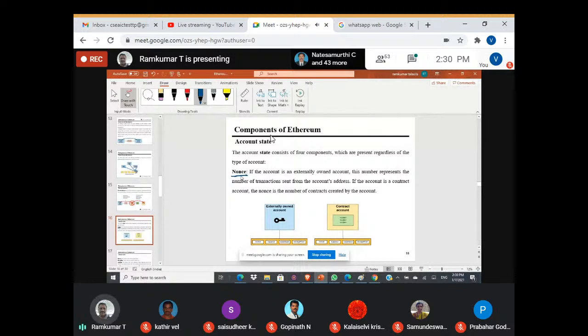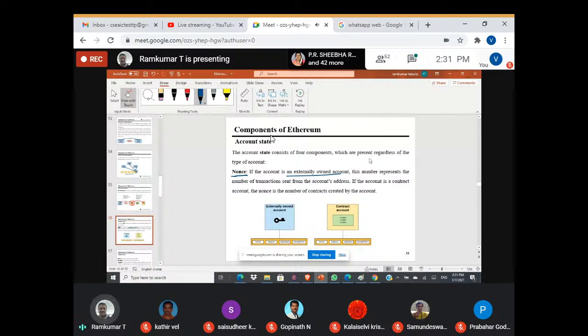So that one nonce we call a random number, and the second nonce is this one, which is what we call the number of transactions: how many transactions have happened is handled by the nonce in the account state. We know that two accounts are there.